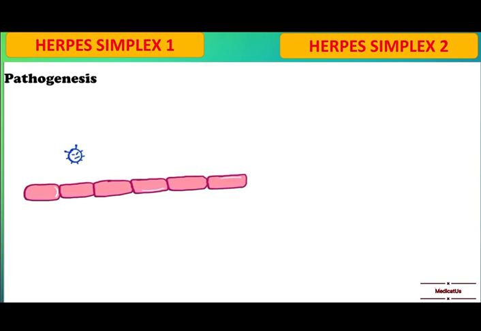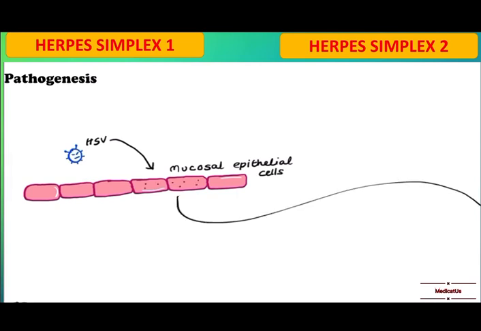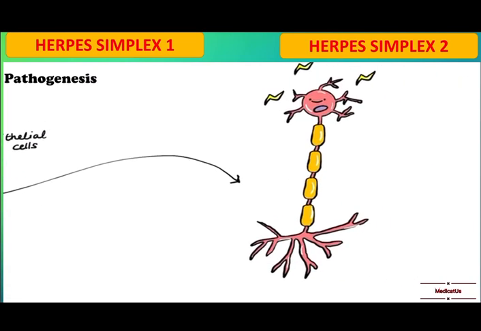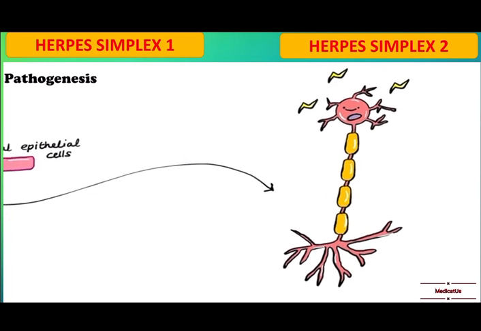Now we'll be discussing herpes simplex 1 and herpes simplex 2. Starting with the pathogenesis, the herpes simplex virus establishes infection in the mucosal epithelial cells and leads to the formation of vesicles. This virus can infect nearby sensory neurons.